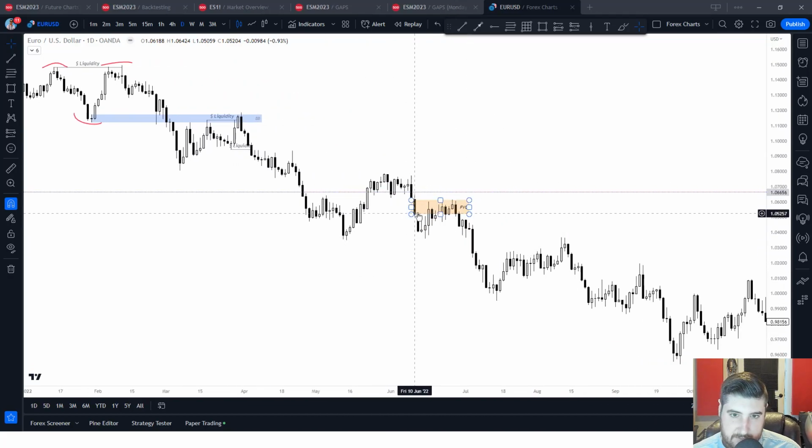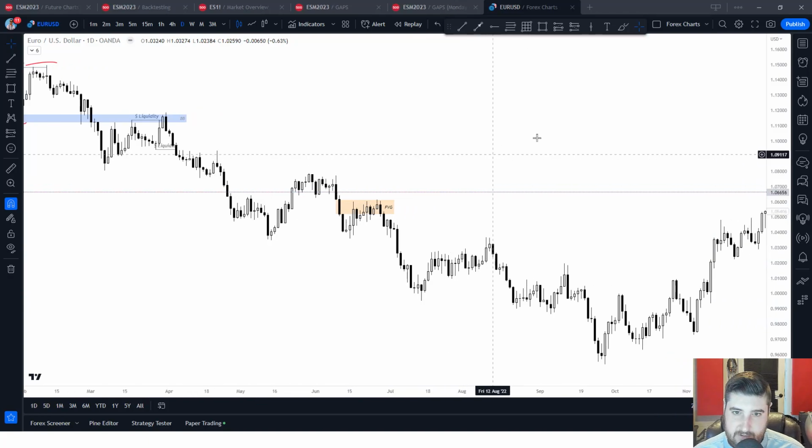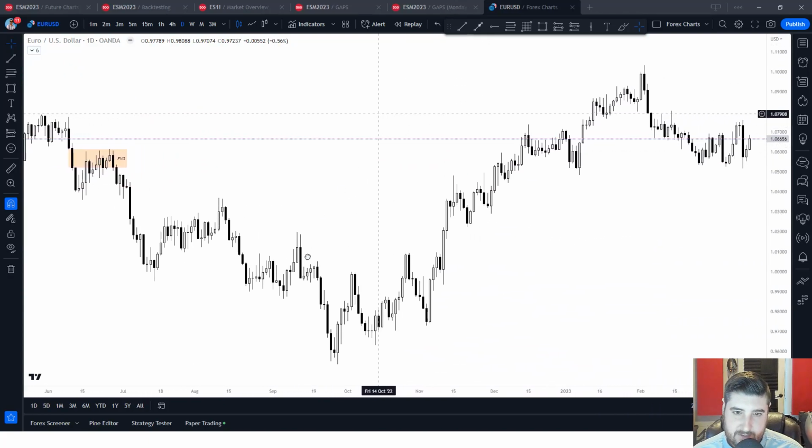Fair value gaps, when there's a candle with wicks not overlapping. See how all these overlap and there's no gap? That's what we're looking for. And then price usually, like I said, it readjusts and then continues down lower.